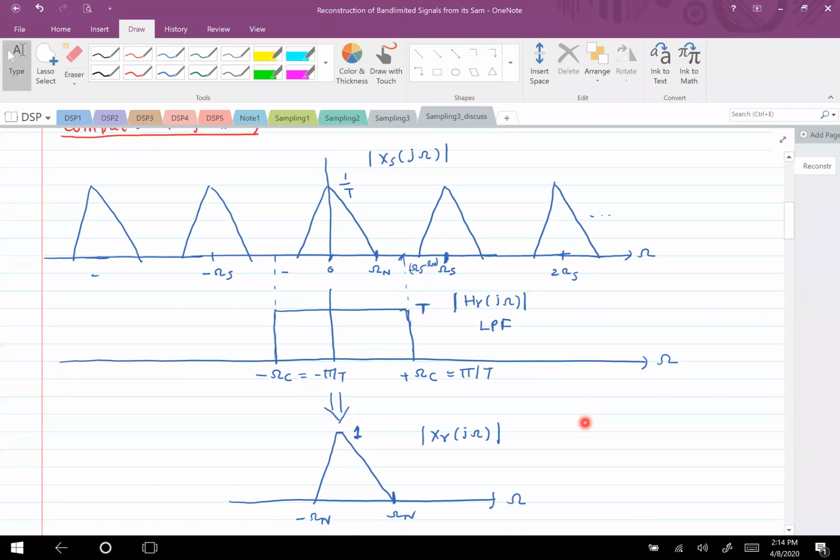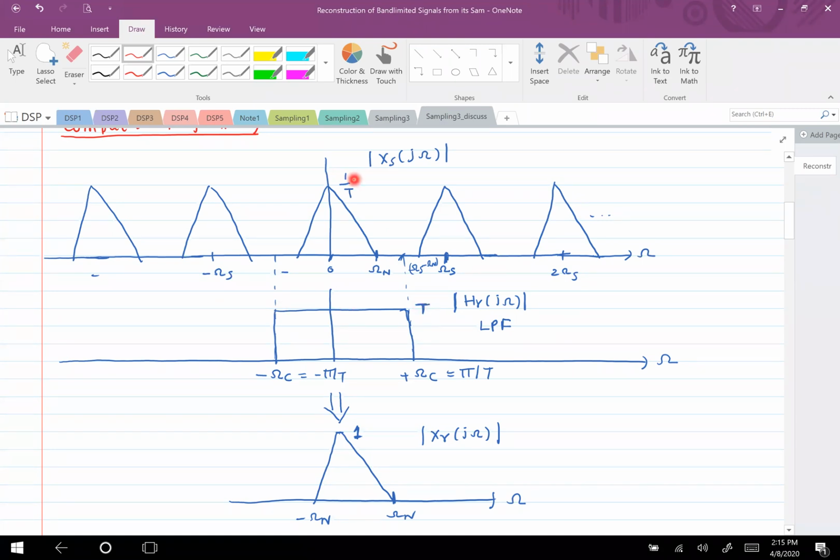Xr of j omega should be, of course, from minus omega n to plus omega n, but with a magnitude of 1. And the rest of these patterns should not be there beyond minus omega n and omega n. So what can you do? You simply do a low pass filtering here, with a constant magnitude of t, correct?